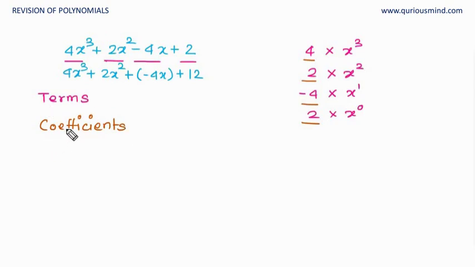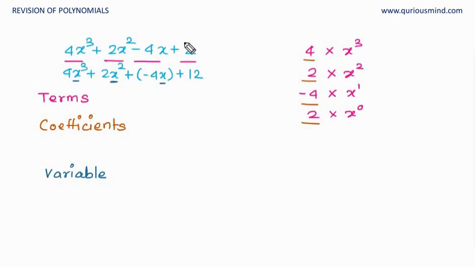Okay. Now let's remember the jargons which were associated with polynomial. We used a word called variable. The letters which are used here are called variables.